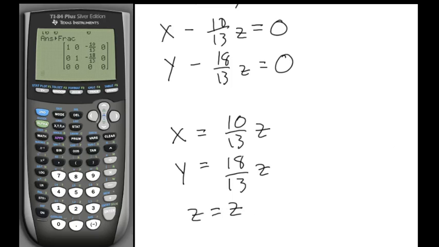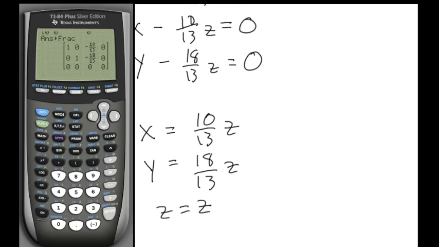Now we want to create a ratio out of this. The ratio of x to y to z would be 10/13 to 18/13 to 1, just using the coefficients in front of each of these z's. Ratios should be written as whole numbers, so it doesn't really work as fractions.